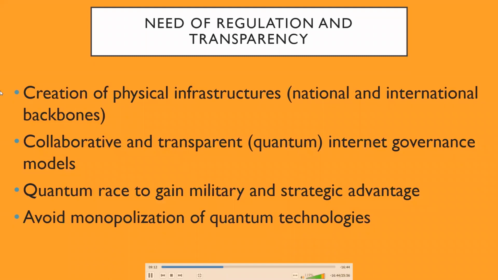First of all, to implement quantum communication, we need physical infrastructures. Yes, we can still use, for example, fiber links that are already used for the internet, for some of the technologies that I will show you later. But still, there is technical knowledge and technical infrastructure that has to be created.